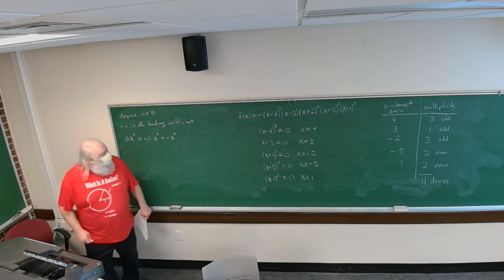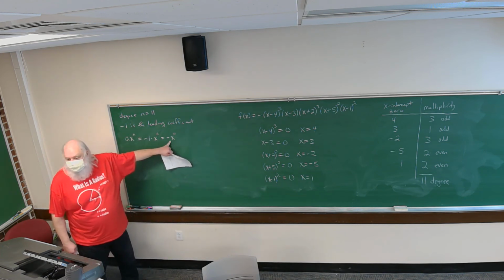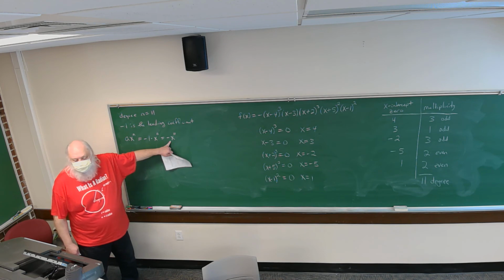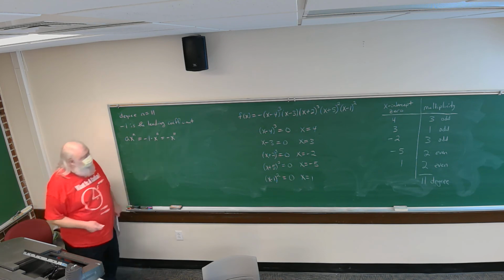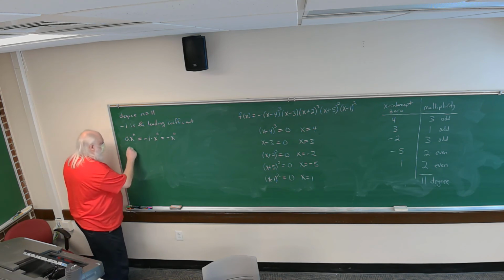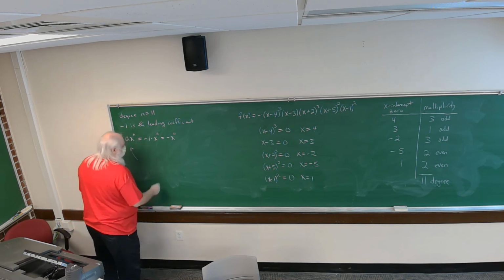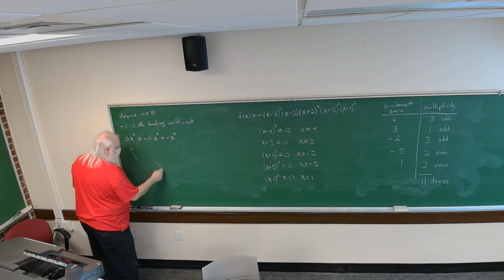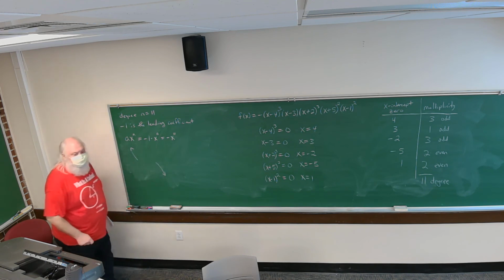So what's the end behavior on this graph of this polynomial function? Left goes up and right goes down. Yep, exactly. The left end is going to go up, and the right end is going to go down.